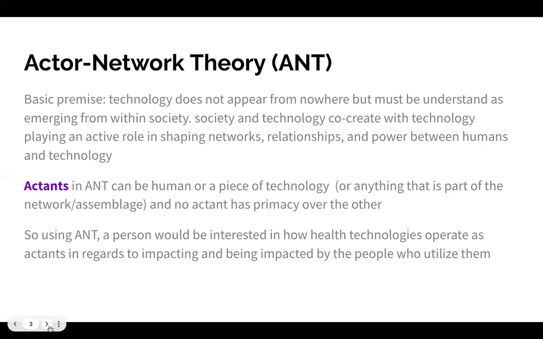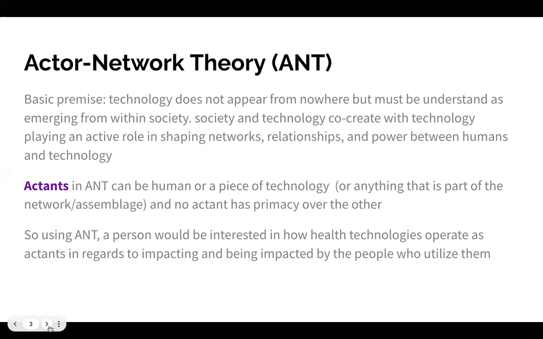A key concept in the actor network theory is actants. Actants in ANT can be human, or they can be a piece of technology or anything that is part of the network or assemblage. And a key idea of the actor network theory is that no actant has primacy over the other.